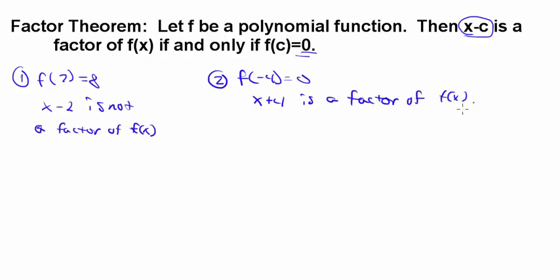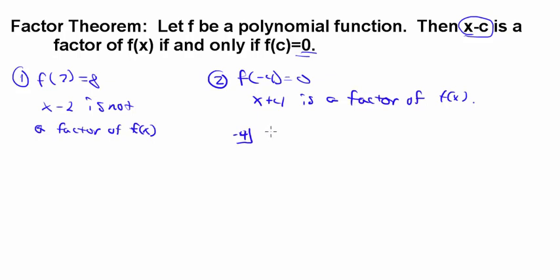We can even take this one step further and actually factor it out. We know by using the previous theorem that it is a factor, but to factor it out we need to do synthetic division. So we're going to take our constant, which was, remember, negative 4 from the binomial, and then all of the coefficients of our polynomial.